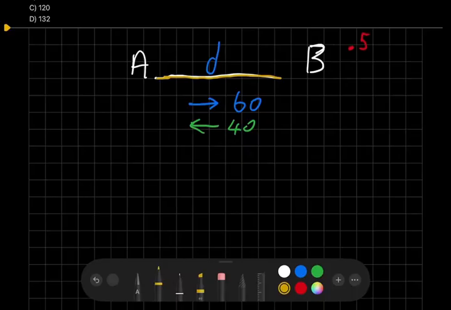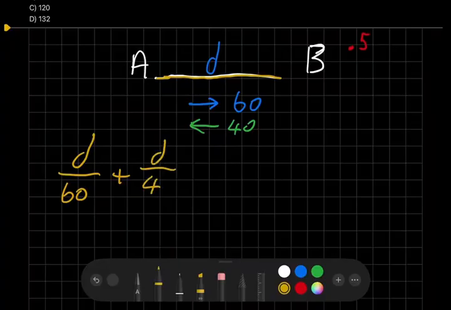So the distance, we covered that distance at 60 miles per hour. And coming back, we covered that distance going 40 miles an hour. And the whole trip took 5.5 hours, but we spent half an hour in city B. So that's just 5 hours accounted for.